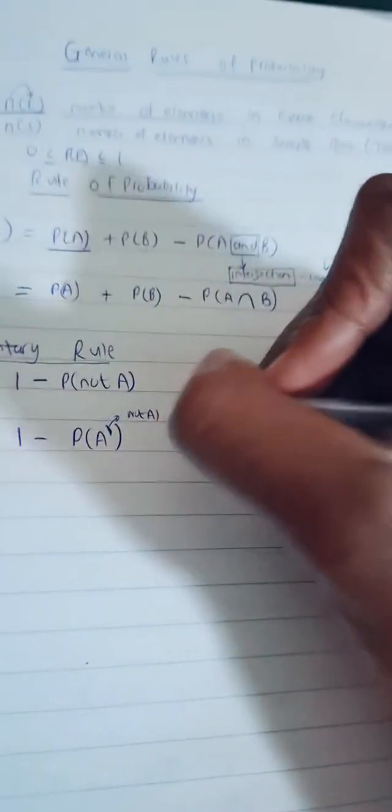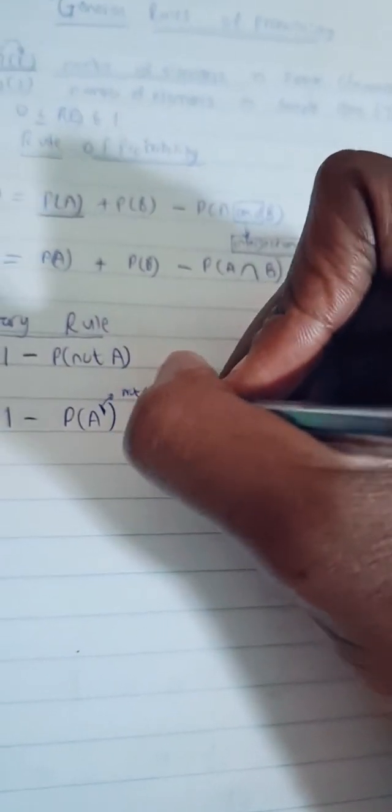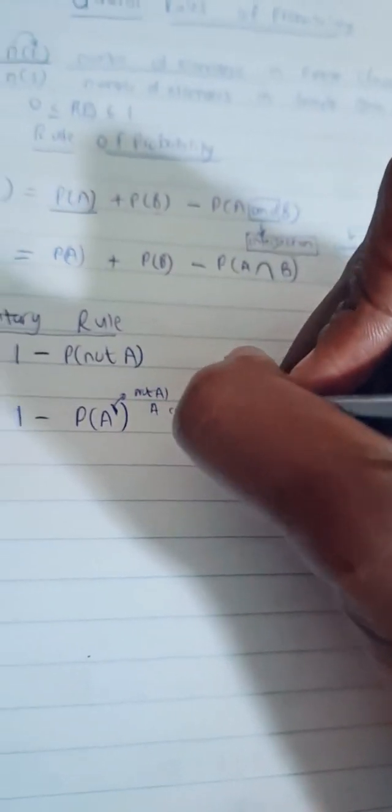This apostrophe is a symbol that means not A, and when we pronounce it, we say it's A complement.